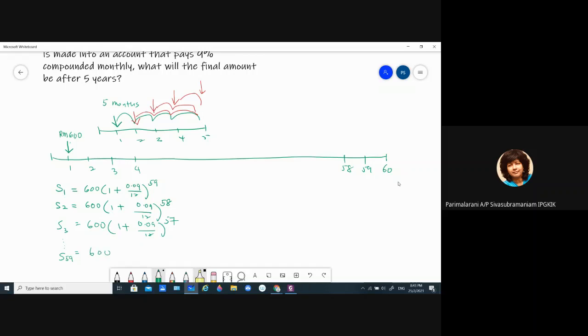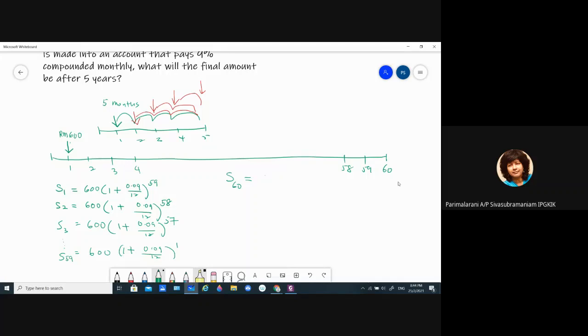S59 will be 600 into 1 plus 0.09 over 12 to the power of 1. Yes, very good. So what about S60? S60 is power of 0.